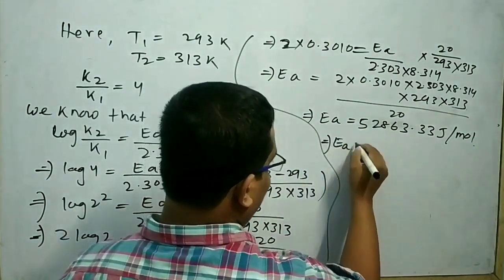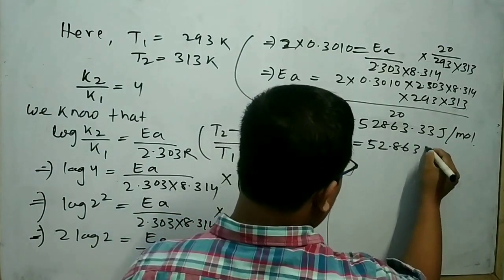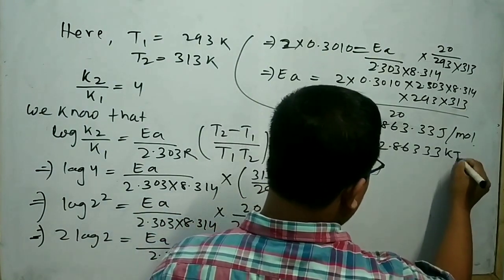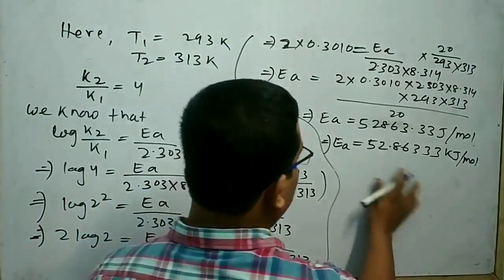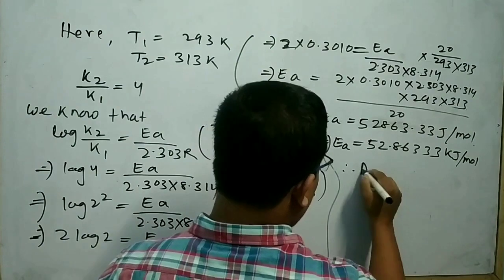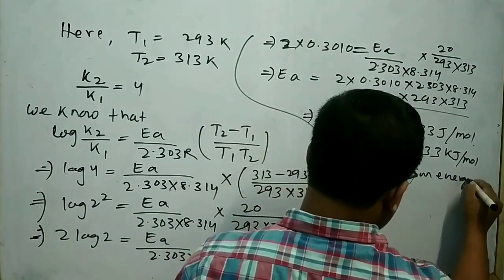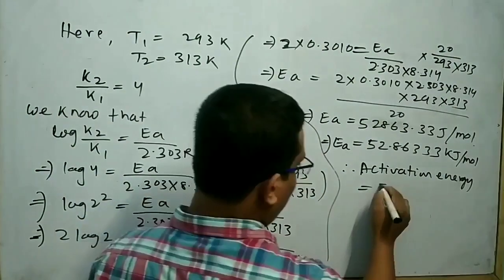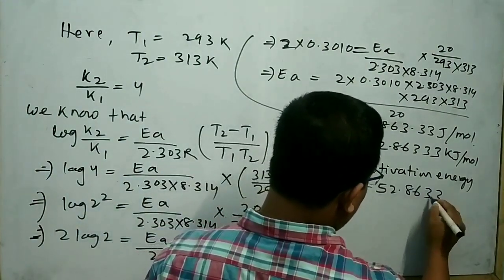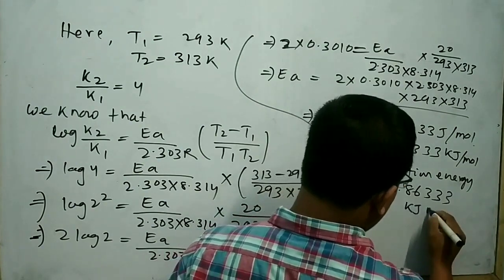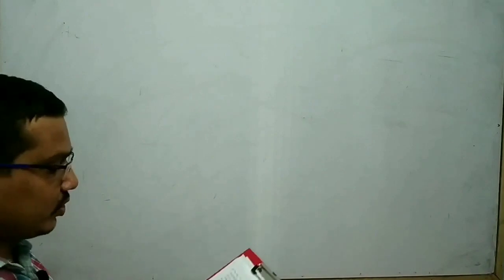Then I can write Ea is equal to 52.86333 kilojoule per mole. Our question is to calculate the activation energy. Therefore, activation energy equals 52.86333 kilojoule per mole.